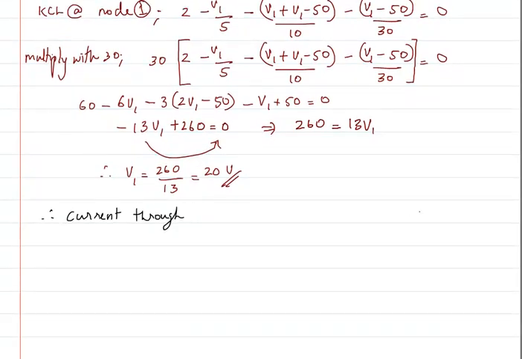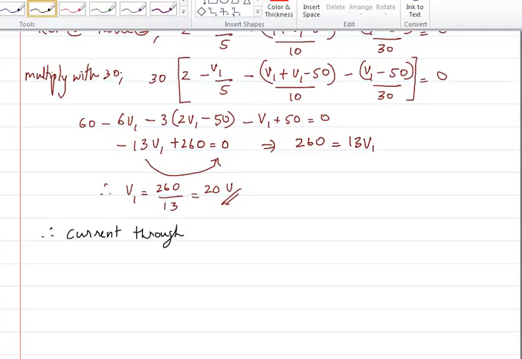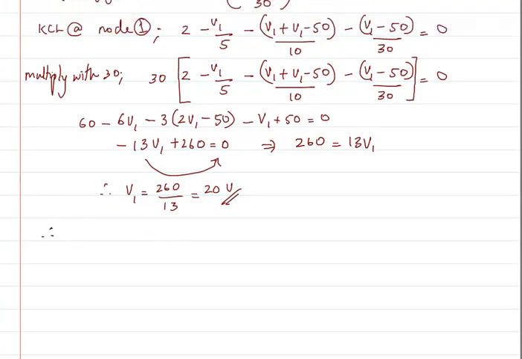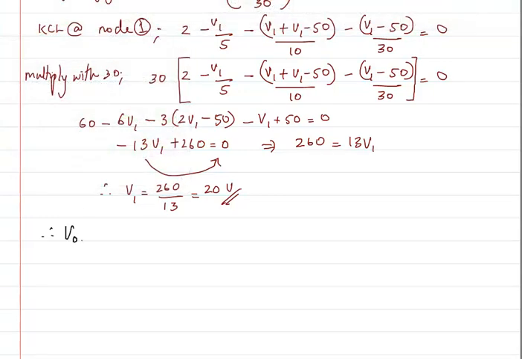So I have to write voltage across. Therefore voltage across 5 ohms is going to be equal to V1 minus 0, which is equal to 20 minus 0, which is 20 volt. So that's the answer.